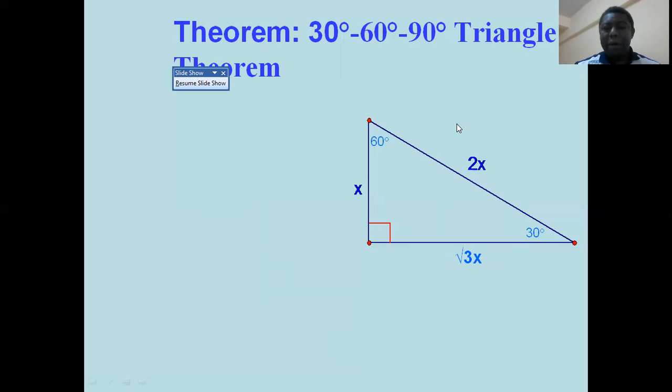Remember, this is a 30, 60, 90 triangle. It's a special triangle.